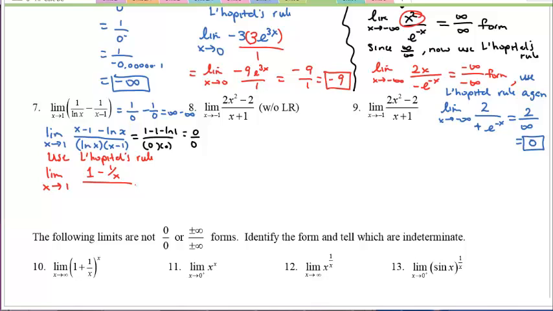So a prime will be 1 over x times x minus 1, plus a, which is natural log of x, times b prime, which is just 1. No need to simplify unless you want to.